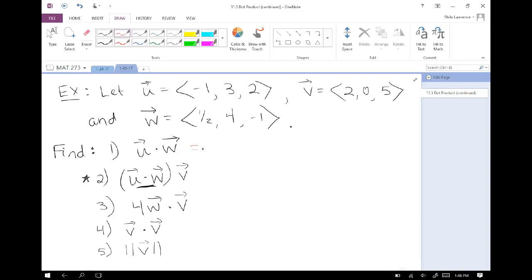So number 1, just a basic dot product. What are we going to do to calculate u dot w? Tell me your products and your addition. -1 times 1/2, because that will be my x components for u and w. Multiply them together.